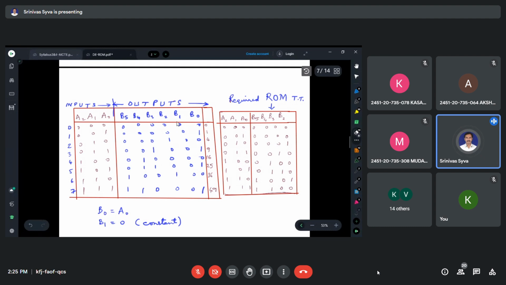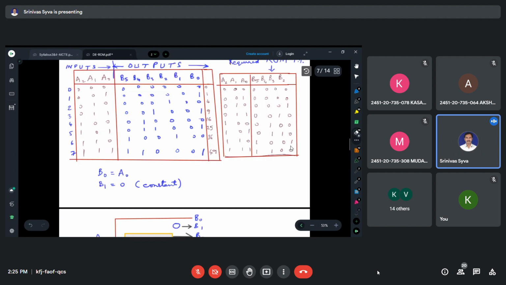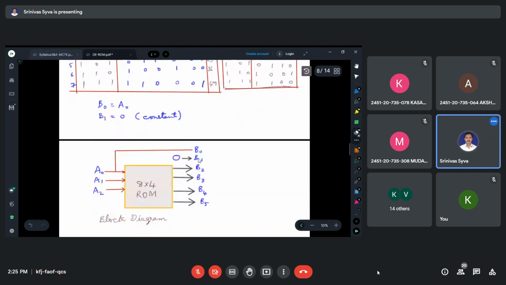So B1 also can be connected to the logic 0 state. The only variables which will take different values are B2, B3, B4, B5. So only 4 output variables need be considered here. B0 is fixed as A0, B1 is fixed as 0. Now what kind of ROM is required?